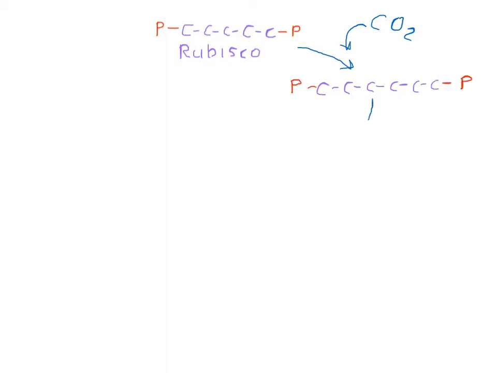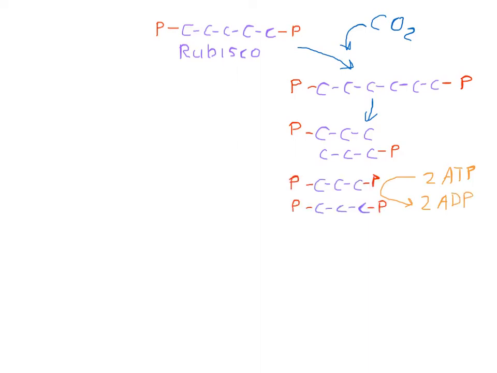This molecule then splits into 2 groups of 3, as you see there. Next, 2 molecules of ATP are added, dropping off phosphate and energy, resulting in the low energy ADP. This further phosphorylates the 2 molecules.